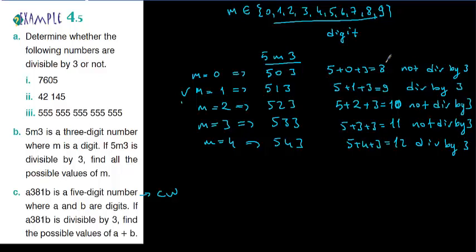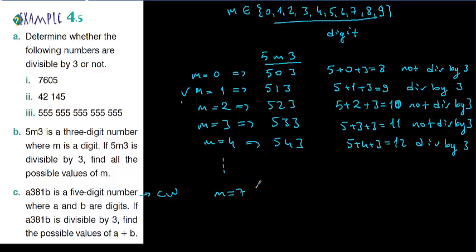Now, as you understand, 8, 9, 10, 11, 12, the sums of the digits increase by 1 when you try the digits 0, 1, 2, 3, 4. It's obvious that if the sum is 9, it's divisible, and if it is 12, it's divisible. The next one is going to be 15, which means m is equal to 7.